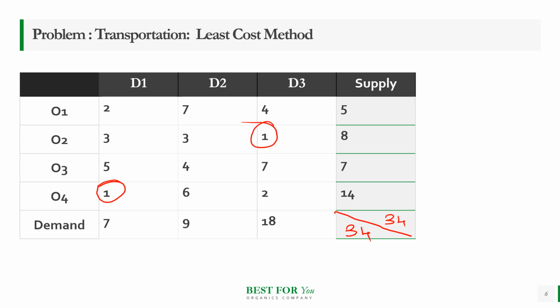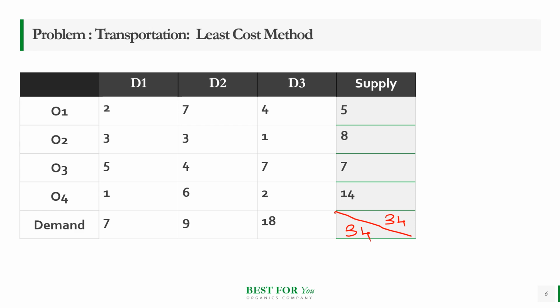When the same number is repeated, you can arbitrarily choose either one. Right here I just want to go with this one.